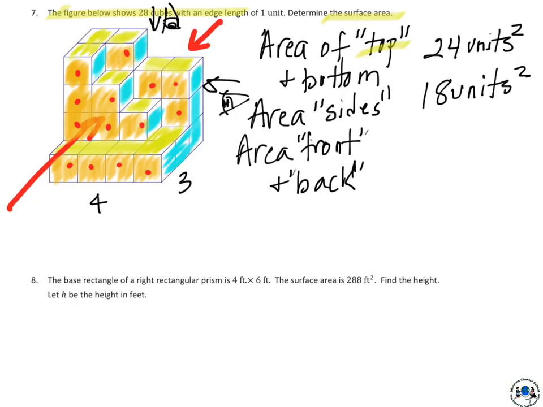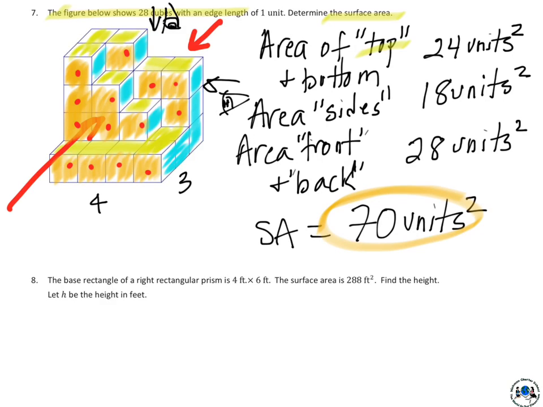So we have 14 square units there, and then 14 in the back, for a total of 28 square units. All right, add those all together, and we have a surface area. These 28 cubes piled up the way they are would give us an area of 70 square units.